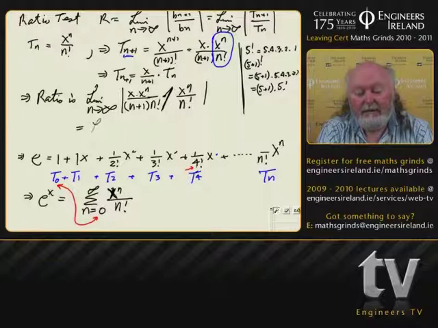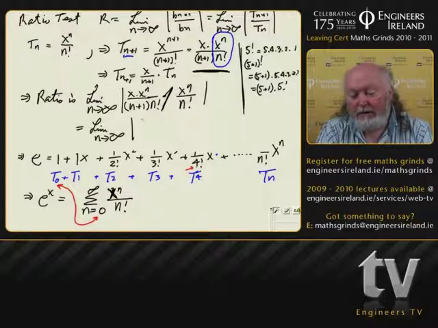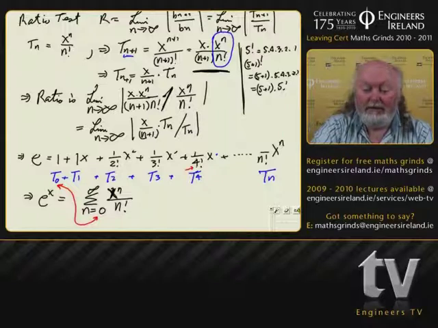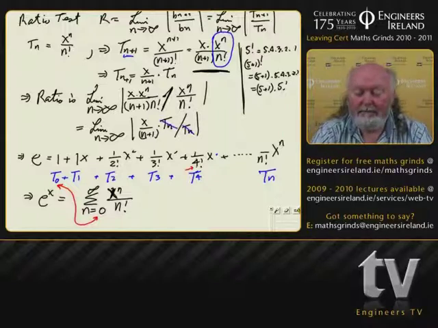Just so as you're clear, I could have immediately hopped to this one based on what I've done up here. I would have x all over n plus 1 by Tn being divided by Tn, and you'd very quickly see that these cancel.